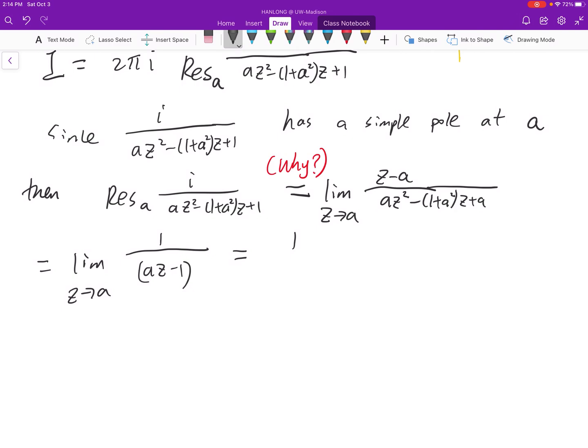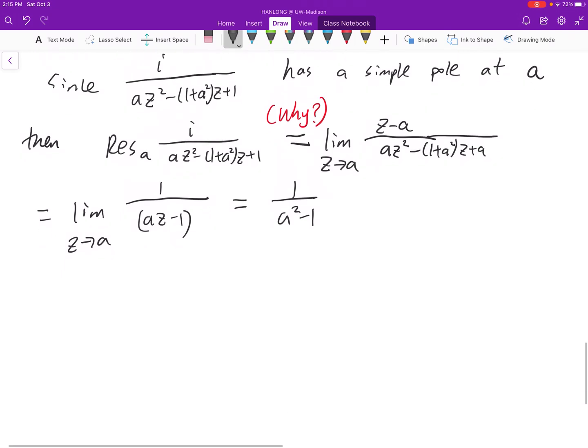Okay, then take the limit. You have 1 over a squared minus 1. If you plug in, then I is minus 2 pi times 1 over a squared minus 1, which is 2 pi over 1 minus a squared.